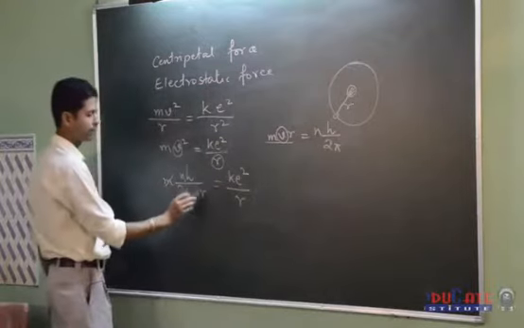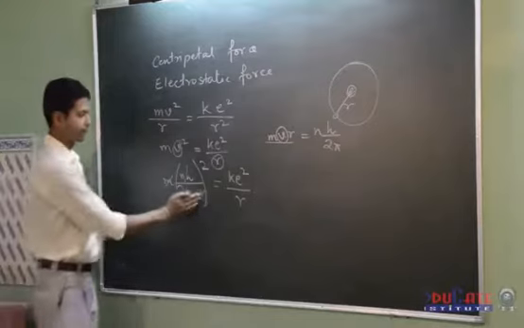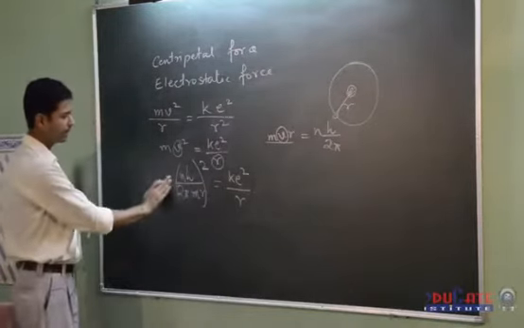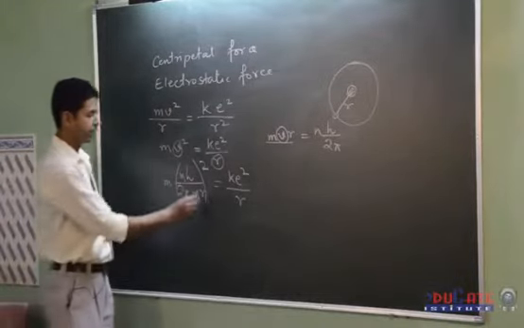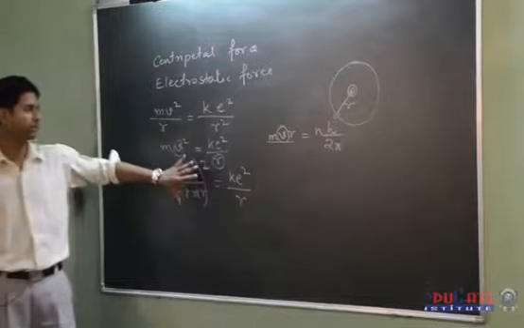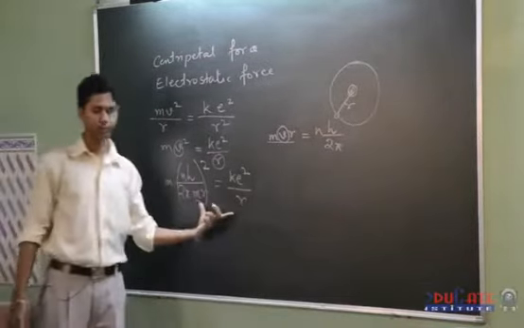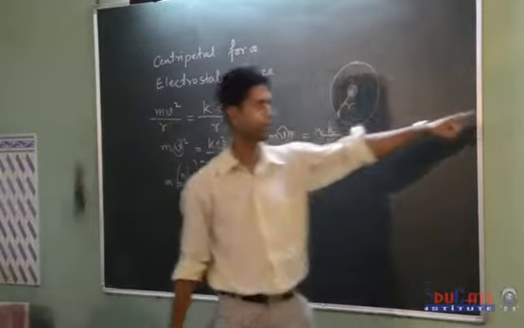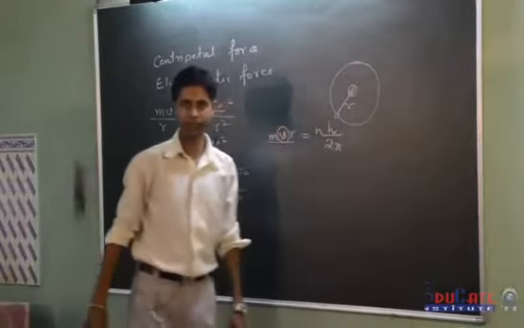But one more important thing is that this is a square part, so one m still remains and one m gets cancelled over here. Let me write it like this to be precise. Now using this expression we can see one unknown quantity is eliminated, so we are left with only one parameter, and if you simplify further you get the equation r equals n squared h squared by m k e squared.